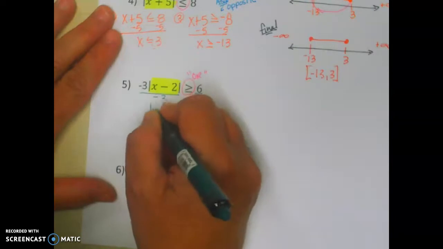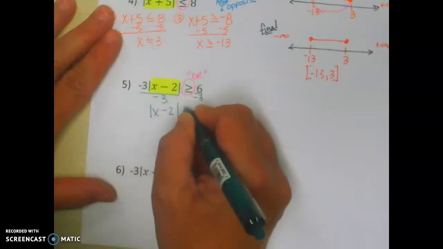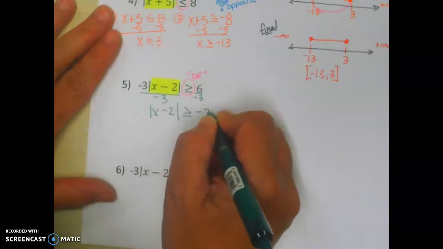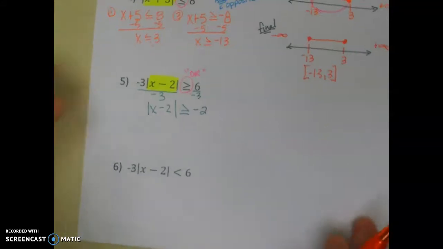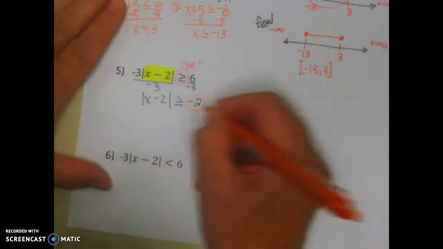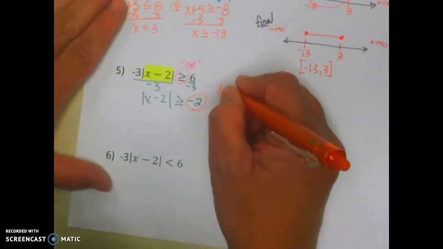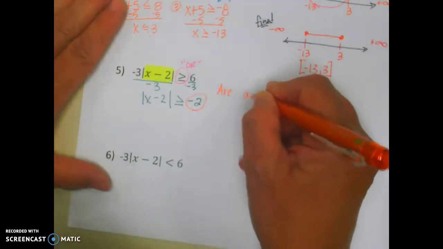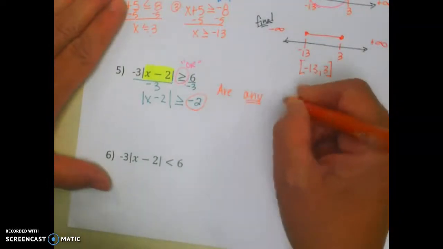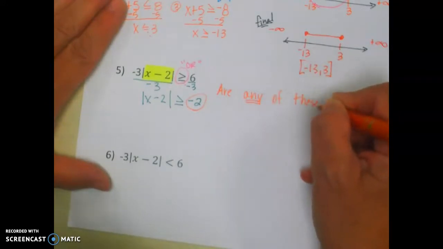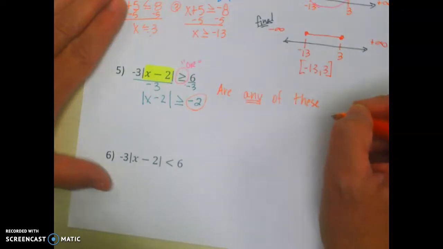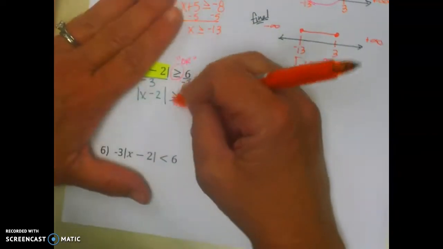Now the absolute value of x minus 2 is greater than or equal to negative 2. And an alarm should be going off a little bit because we have an absolute value on one side and a negative on the other. Now just because you have a negative does not mean that it's no solution. And the way that we look at this, the question we ask is, are any of these values, oh wait, I should have changed this, shouldn't I?